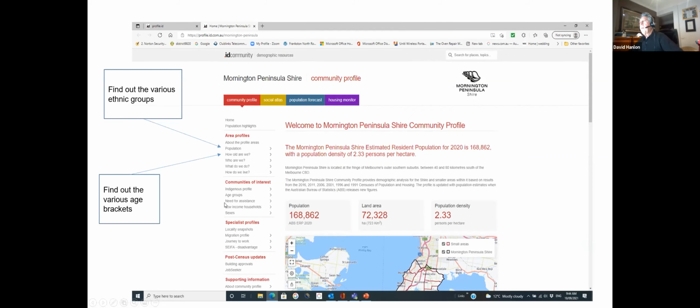Now, you can use this to work out what the average age is in your area, where they are working, what they are doing, if there are any ethnic groups, special interest groups. You'll probably find a lot of it is in this website.